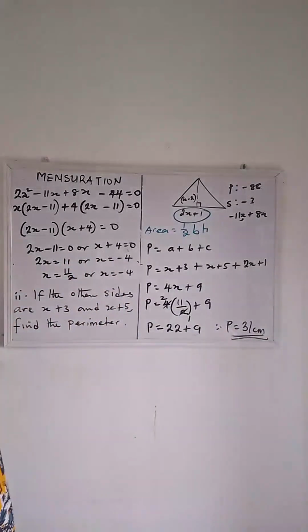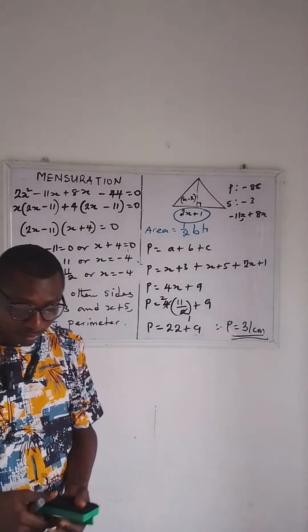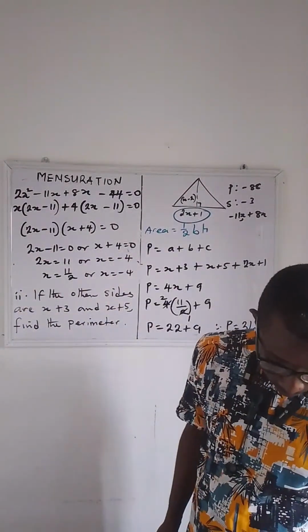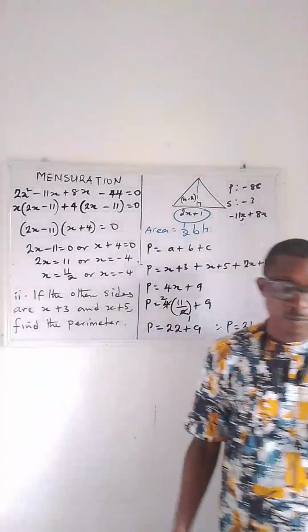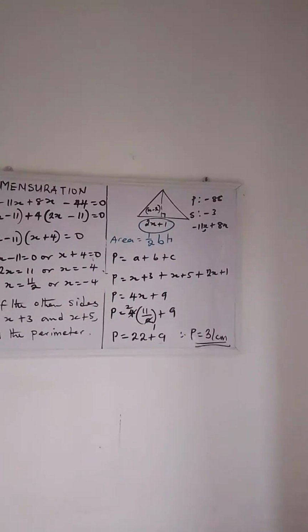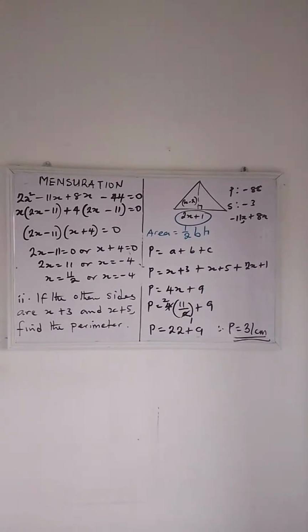Perimeter is 31 centimeters. I want to believe you guys got the explanation to that. Before we move down to the next question, is there anyone that has a comment based on what we have done? Any issue with what we have just done?